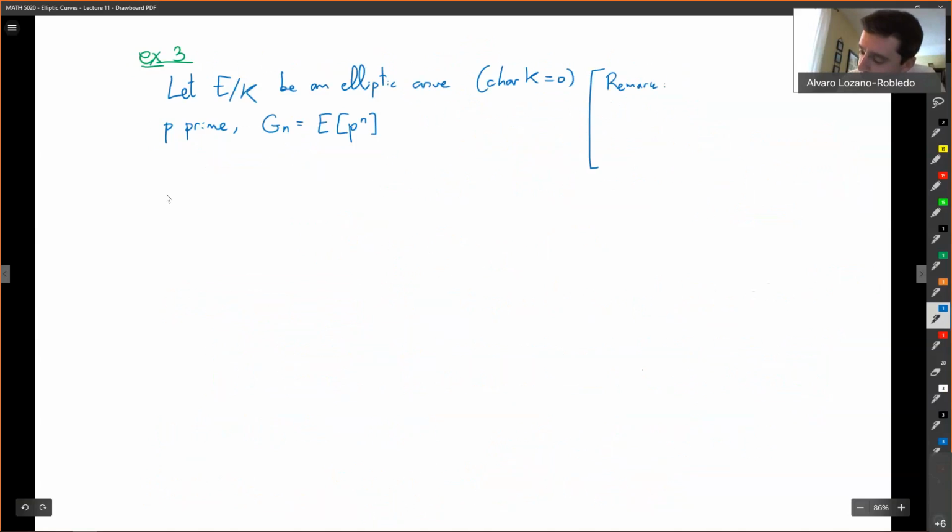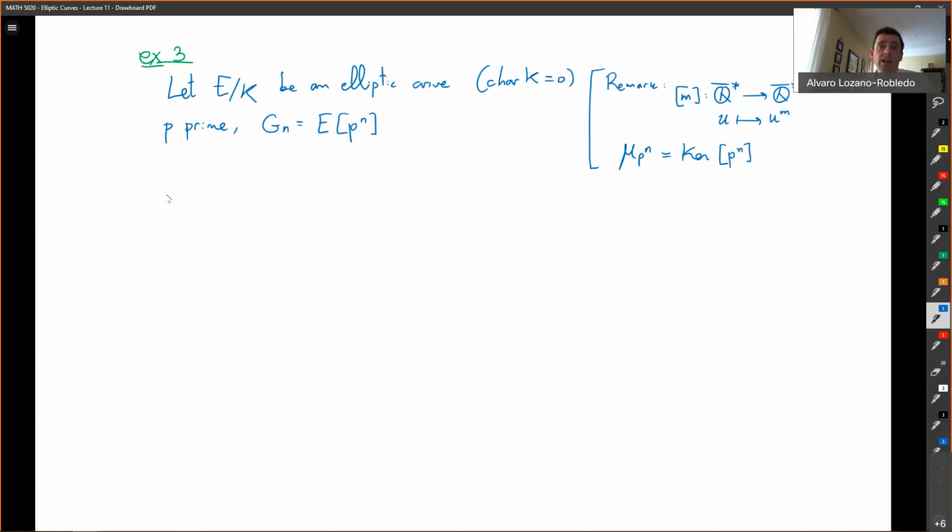If I defined multiplication by m on Q bar star such that it sends something in here to the mth power, then the p to the nth roots of unity are precisely the kernel of this multiplication by p to the n.